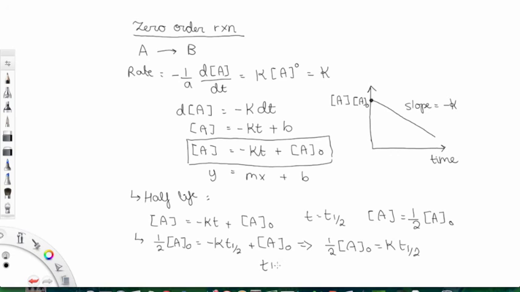Therefore, the half-life for zero order reactions is the concentration of A at a time of 0 over 2k. So the half-life for a zero order reaction depends upon the initial concentration of the reactant.